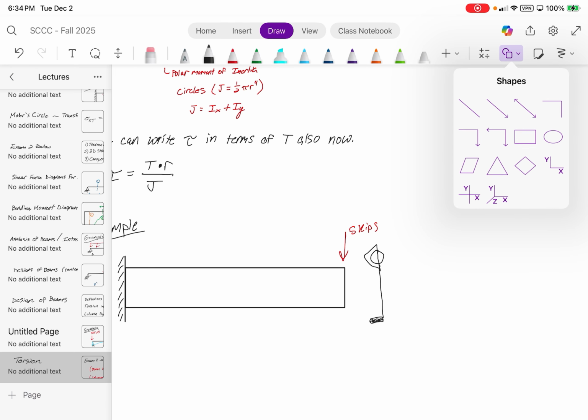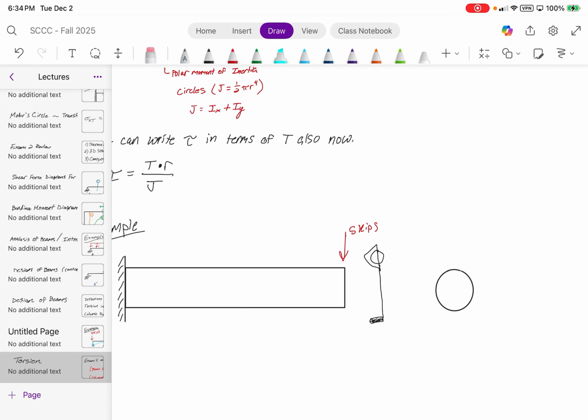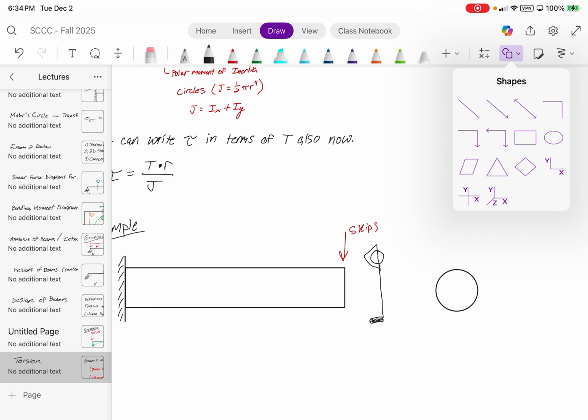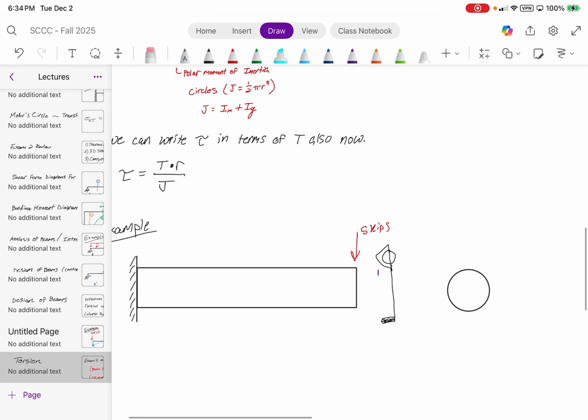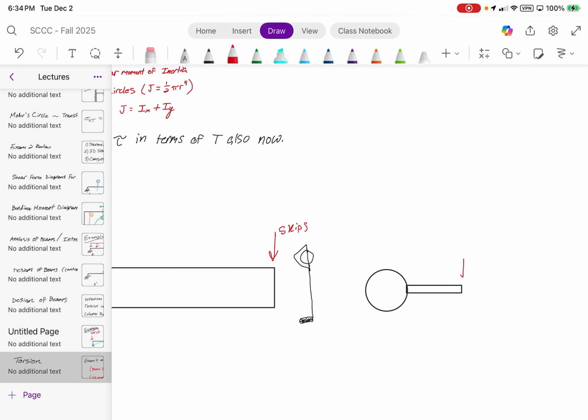It's going to look something like this. It's going to be circular in cross section, but that 5 kip force is loaded on a plate right here.